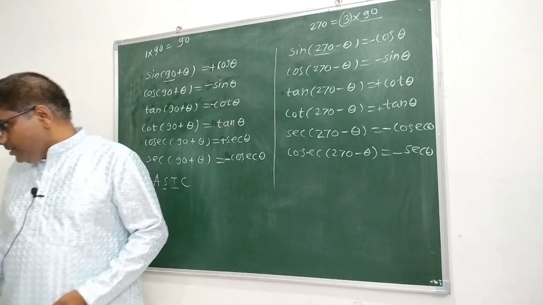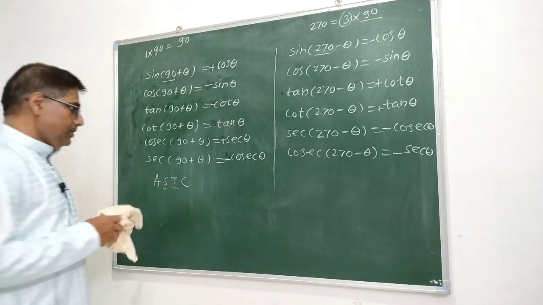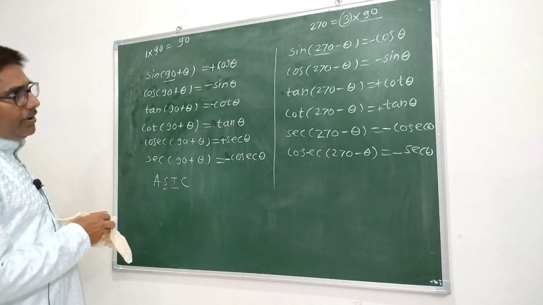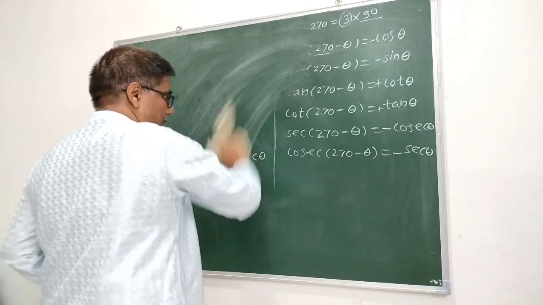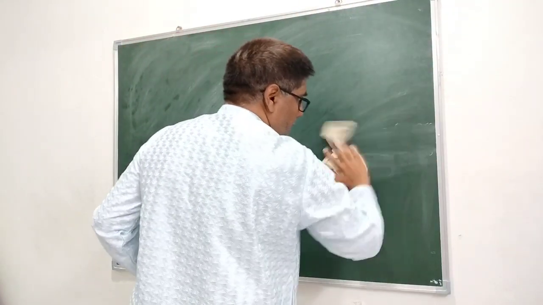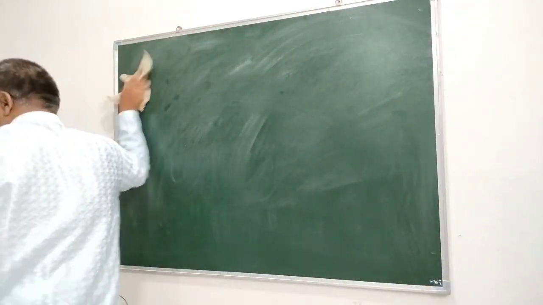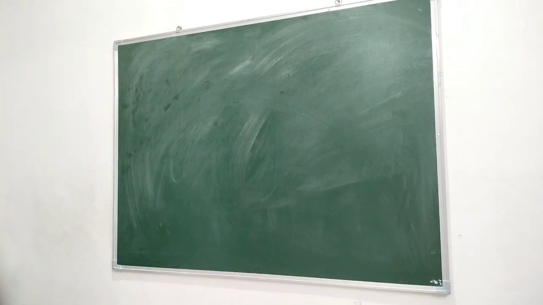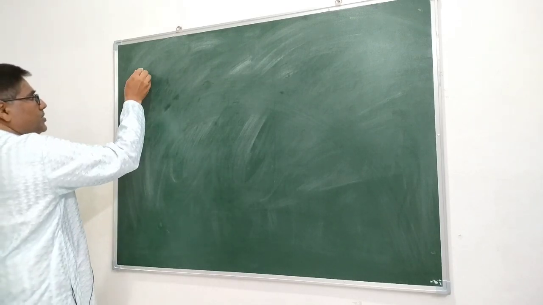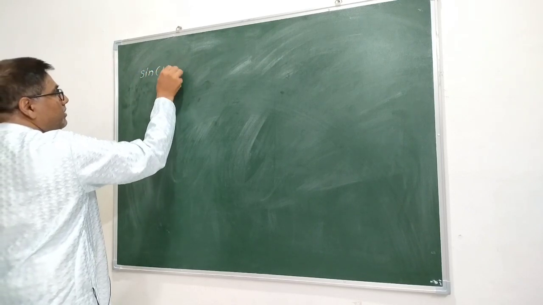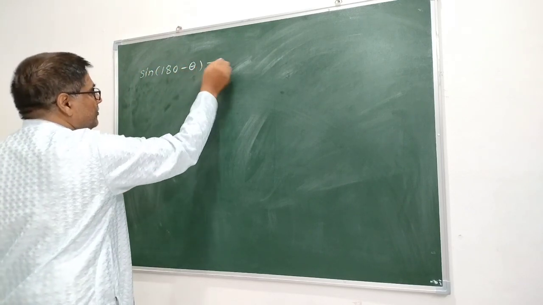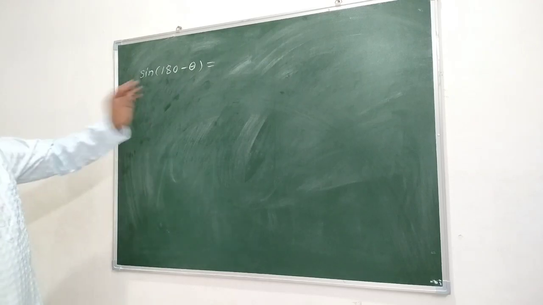Now let's talk about 180 angle. Suppose we have sine of 180 minus something. What we are supposed to write here?